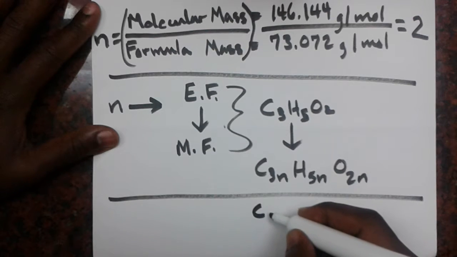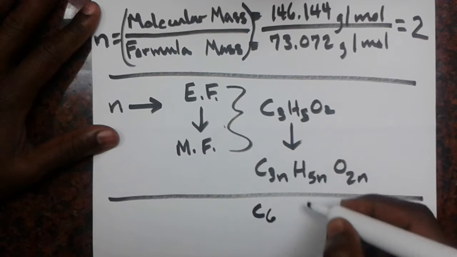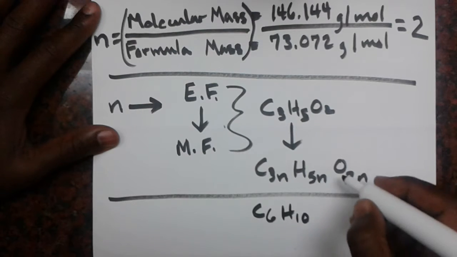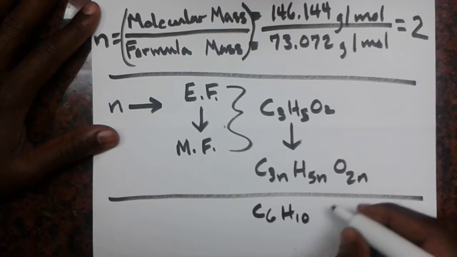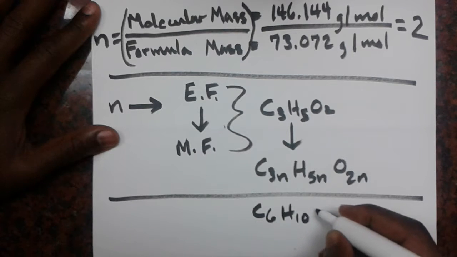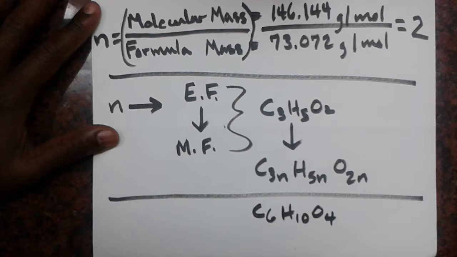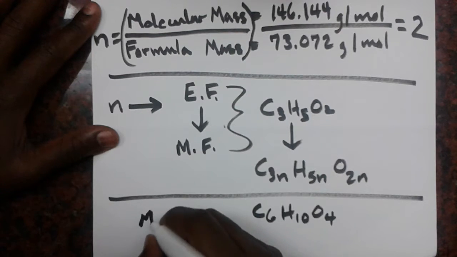So 3 times 2 is 6. 5 times 2 is 10. 2 times 2 is 4. So now we have the molecular formula.